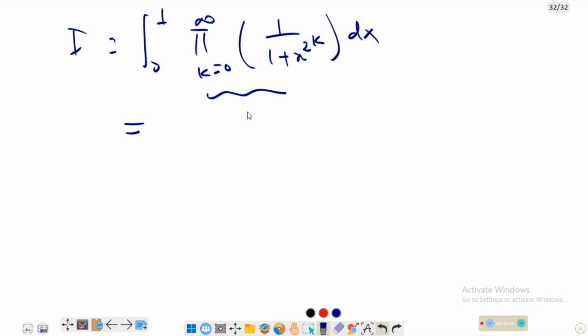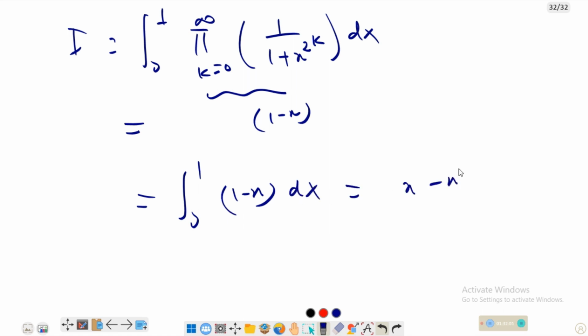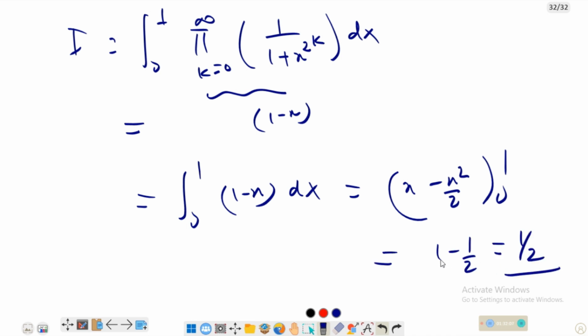Basically this quantity is equal to 1 minus x. Okay, so the integral from 0 to 1 of 1 minus x dx is equal to x minus x square upon 2 from 0 to 1 is equal to 1 minus 1 by 2 is equal to 1 by 2. Okay, so this integral is equal to basically 1 by 2.